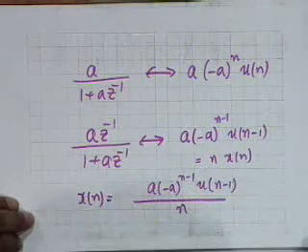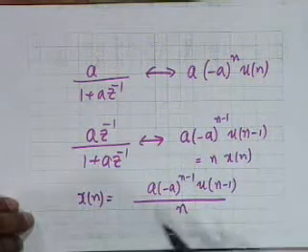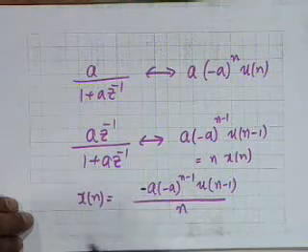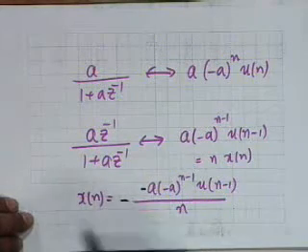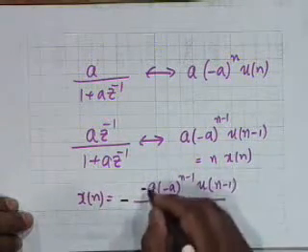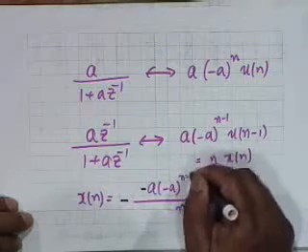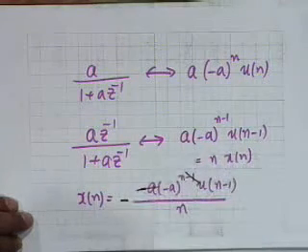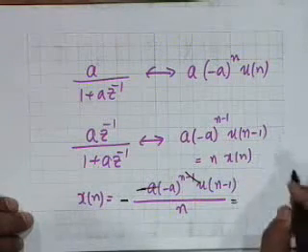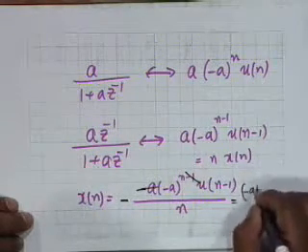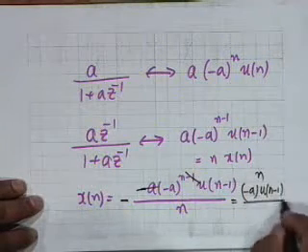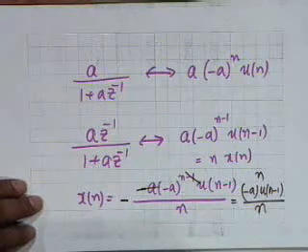This can be written in a slightly different form like this. Let's bring a minus sign here, a minus here and a minus here. Then minus a and minus a to the power minus 1 cancel out. So the end result becomes minus a to the power n u of n minus 1 divided by n.